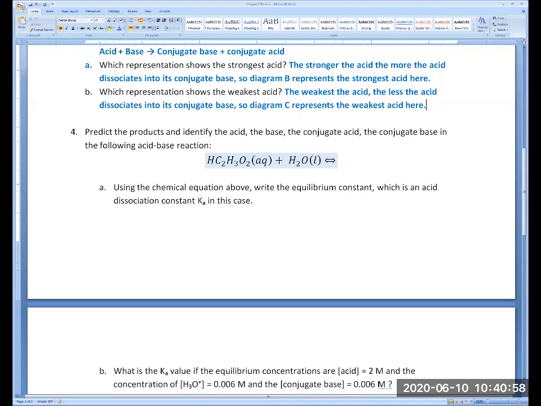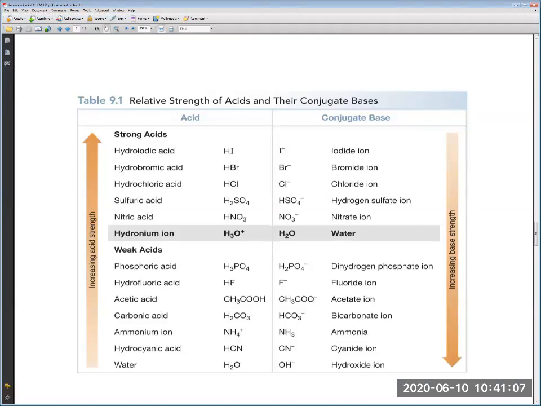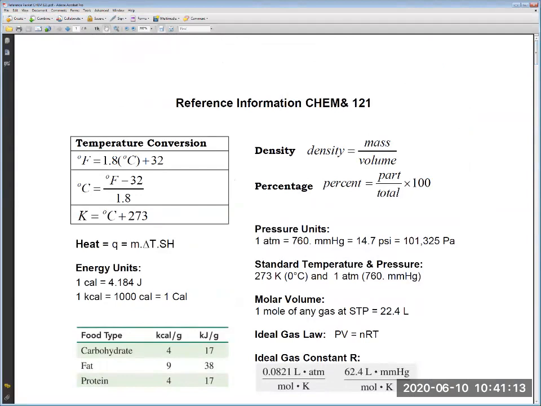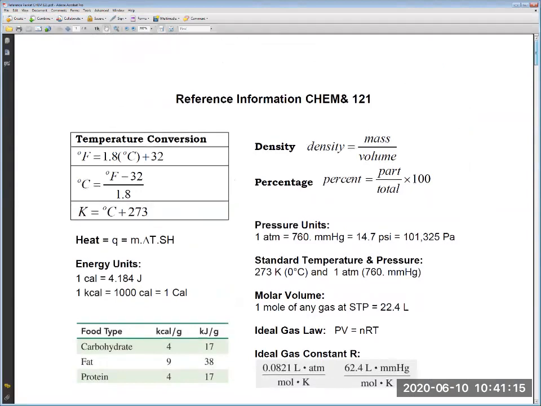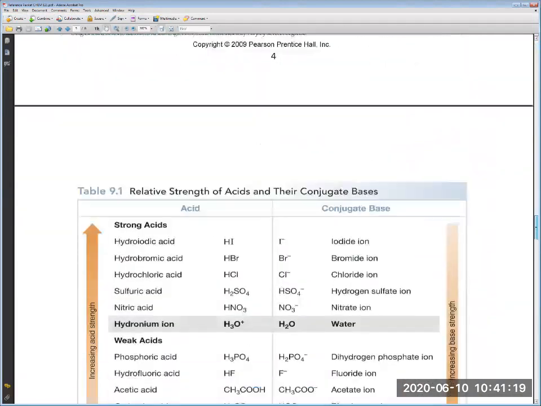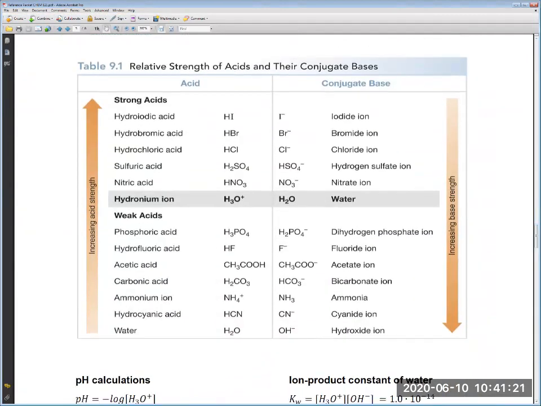So let's look at the reference page here. This is the reference packet for Chem 121. Pages 1, 2, 3, 4, 5 are all about chapter 9 and acids and bases. So you want to have that page out if you have your reference packet.